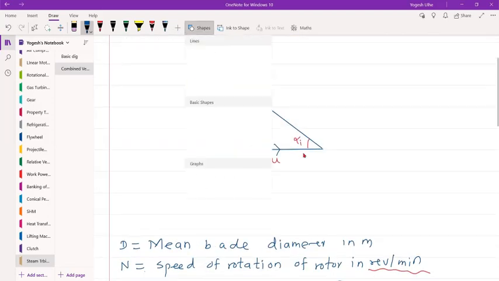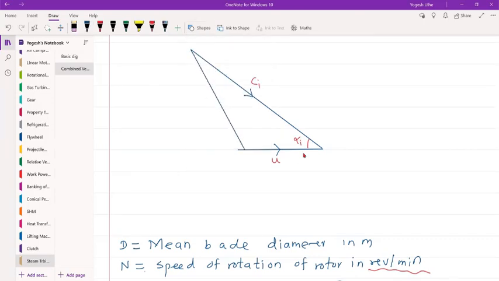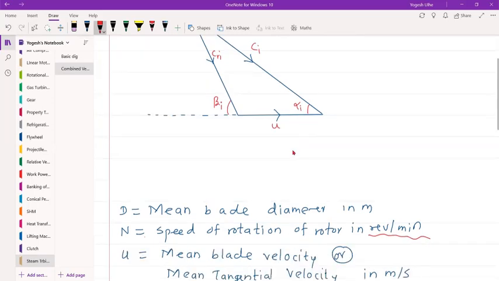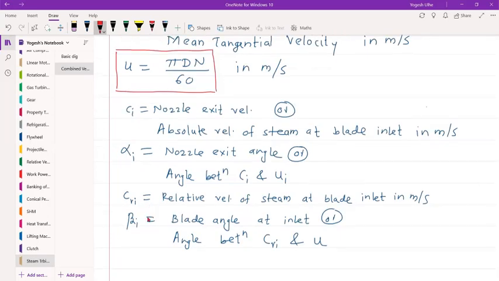On this drawing, this is our CRI, and if you draw a dotted line from here, this angle is our beta I. So write down these 2 points, CRI and beta I.